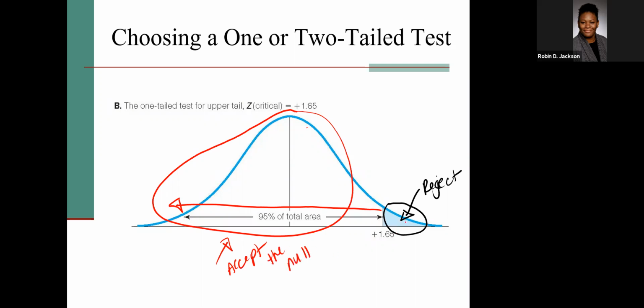Because in this instance, you want to know if the hypothesis that the population mean is higher than the value stated in the null hypothesis is the case. Well, if it does, it's going to fall over here. It's going to fall in this critical region.